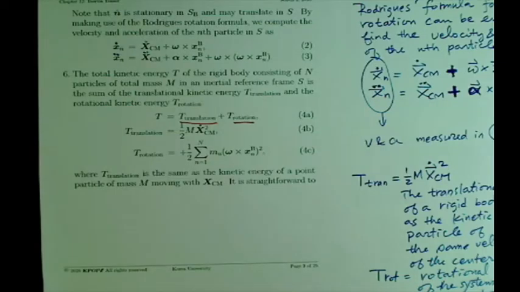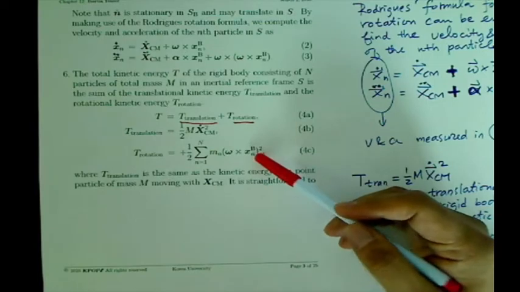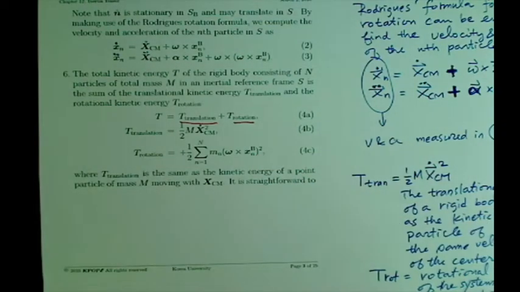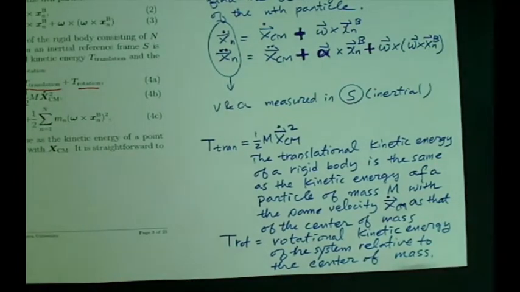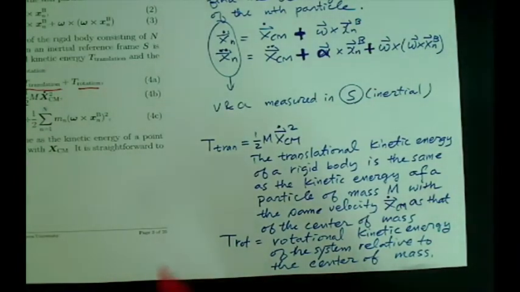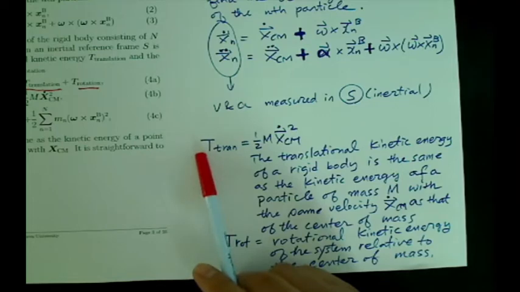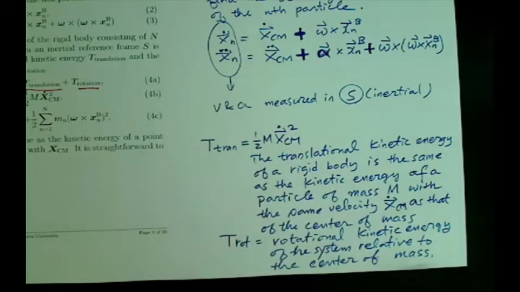The magnitude of omega cross x_n is the distance from the particle to the axis of rotation multiplied by the rate of rotation, the angular velocity. So, in summary, the total kinetic energy of the rigid body is a sum of translational kinetic energy and rotational kinetic energy.